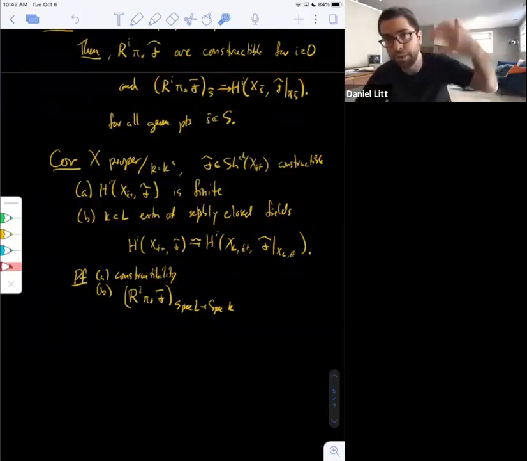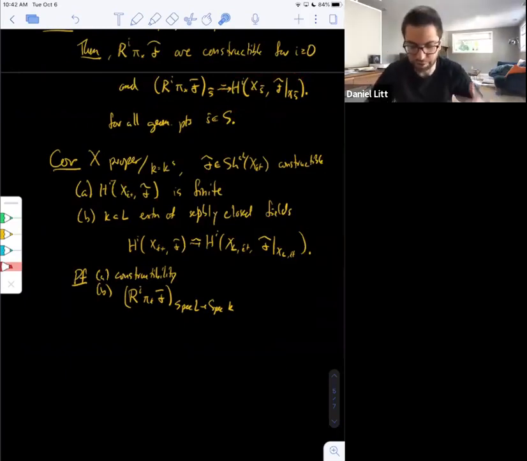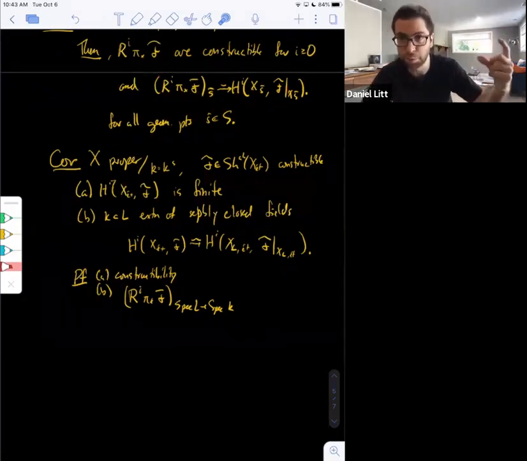So for example, if you had a map of, let's say, smooth proper curves over some base, this cohomology sheaf is some a priori pretty complicated thing on the base. It's not easy to compute these things. We know they're the sheafifications of some presheaf of cohomologies, but that's not something you can really work with. But this is saying that if you take the stalk of that sheaf, it's just the same as taking your fiber, which is just a smooth proper curve, and computing its cohomology.